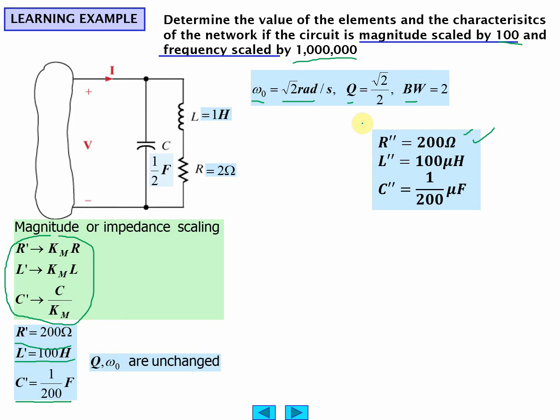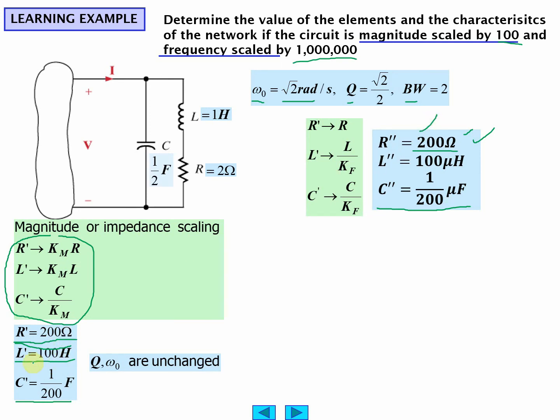Okay, now we're to the point where we want a frequency scale. And we have a double prime. You don't change R, so we go from this R to this R, no change.